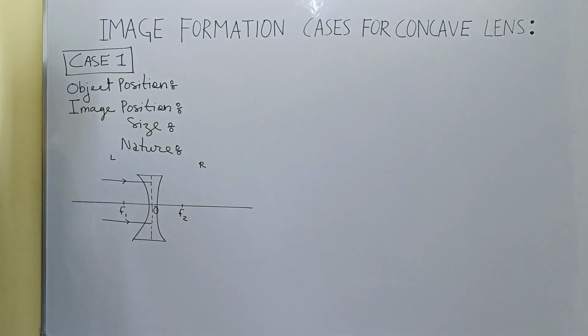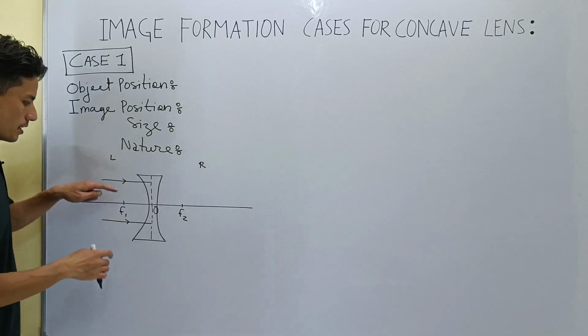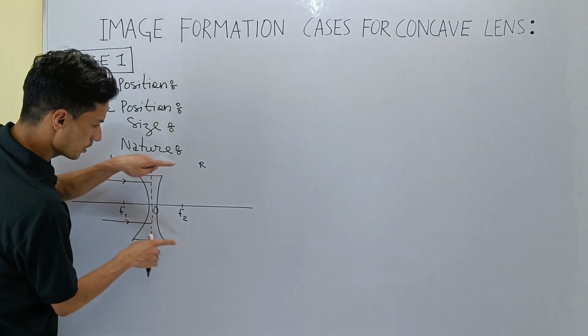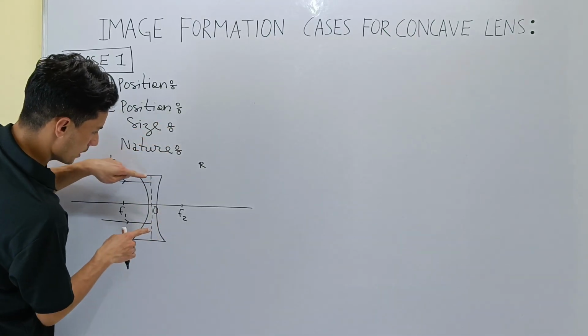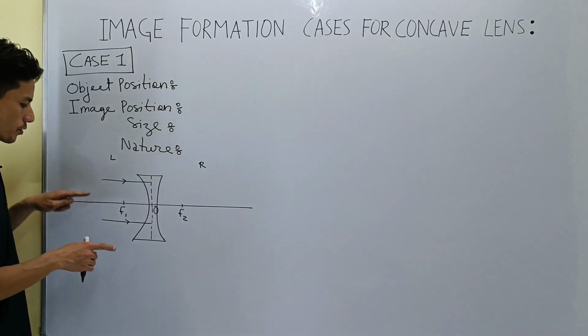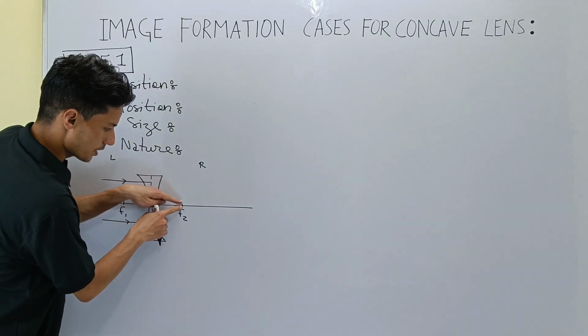Now remember that concave lenses are diverging in nature. That means these two light rays, after undergoing refraction, will further split away from each other. They will further increase the distance between them, and they will further diverge away. In terms of convex, these two light rays converge at f2.